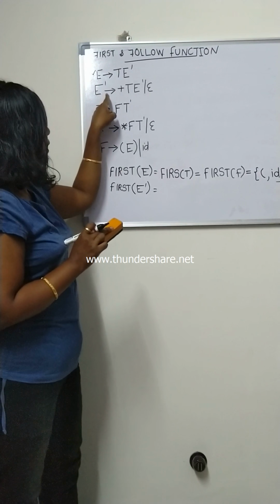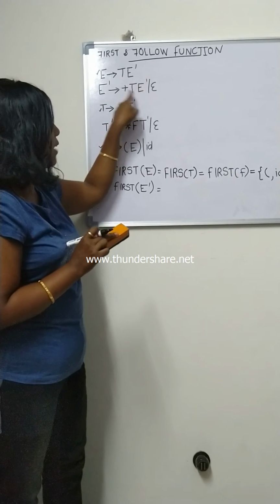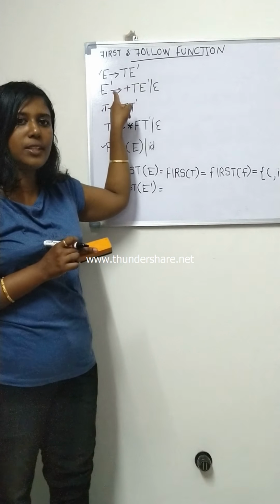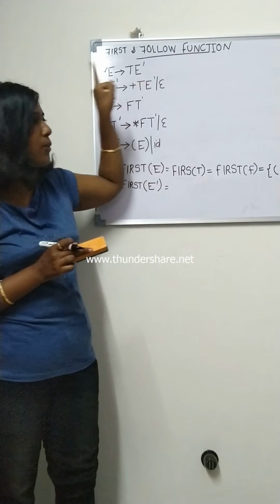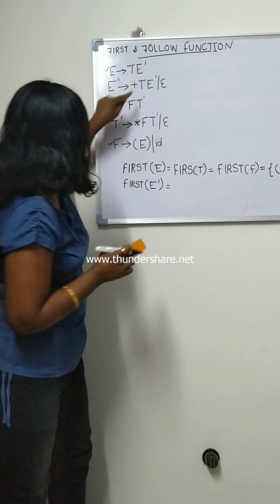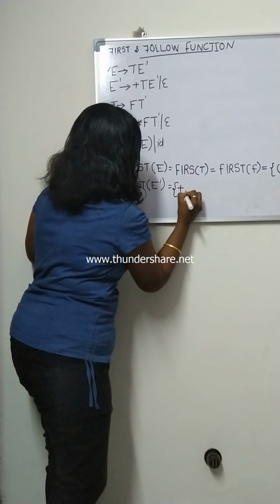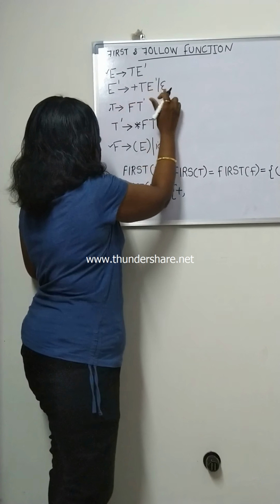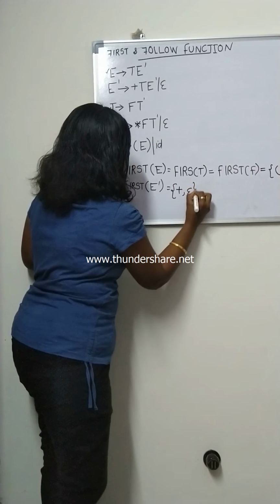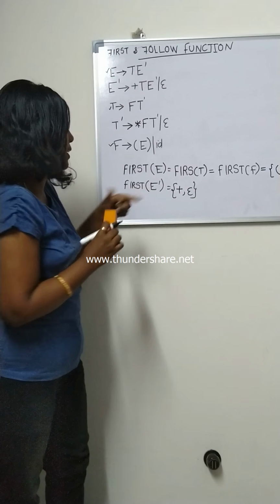Now E dash derives plus, and we have one more E dash production, E dash derives null value. So here plus is a terminal and we have one more production, null value. So this is for first of E dash.